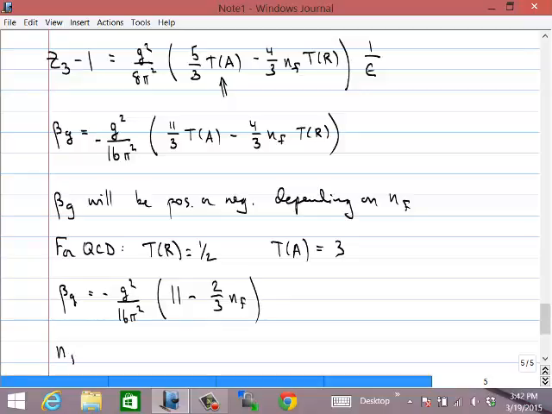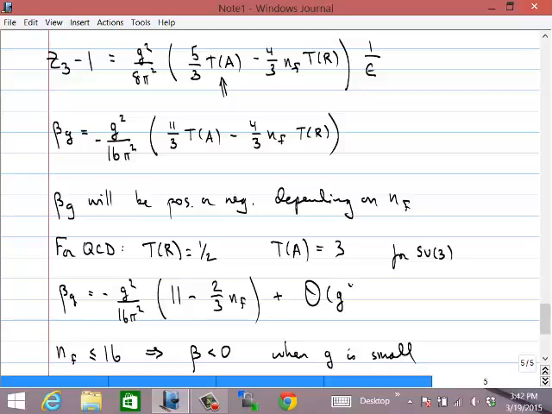So if the number of species of quark is less than 16, so this was for SU(3), that implies that the beta function is negative when g is small. Of course, when g is large, the higher order corrections to this beta function will be out of control.